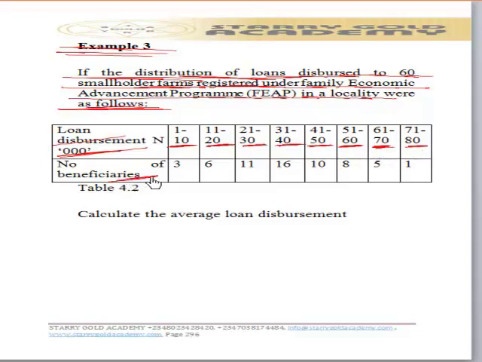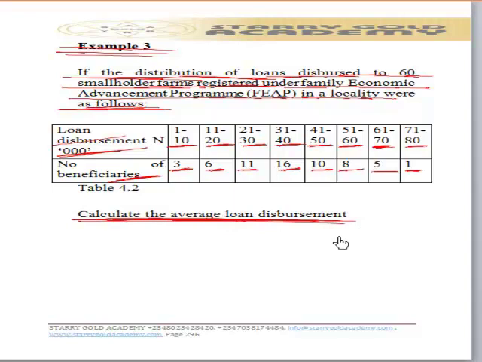Then we have the number of beneficiaries, which are 3, 6, 11, 16, 10, 8, 5, and 1. The question now is, calculate the average loan disbursement.